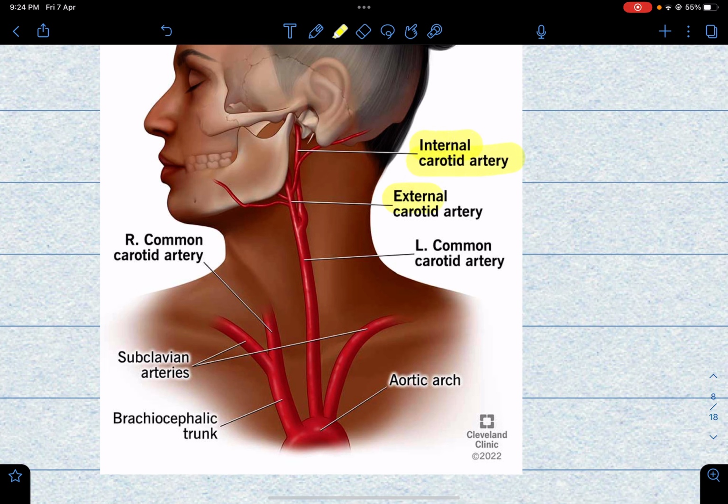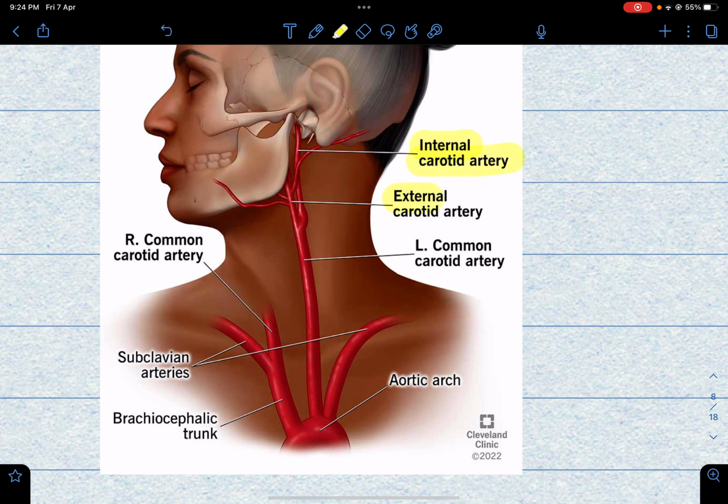Alright, so the level 3, which is the middle jugular group, here at the jugular vein, the number 3 is the middle jugular group because it is located on the middle part of the jugular vein.